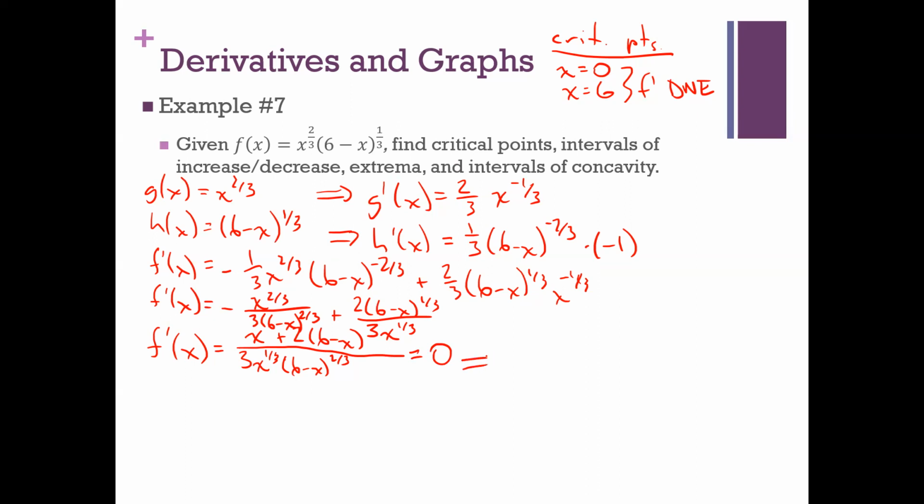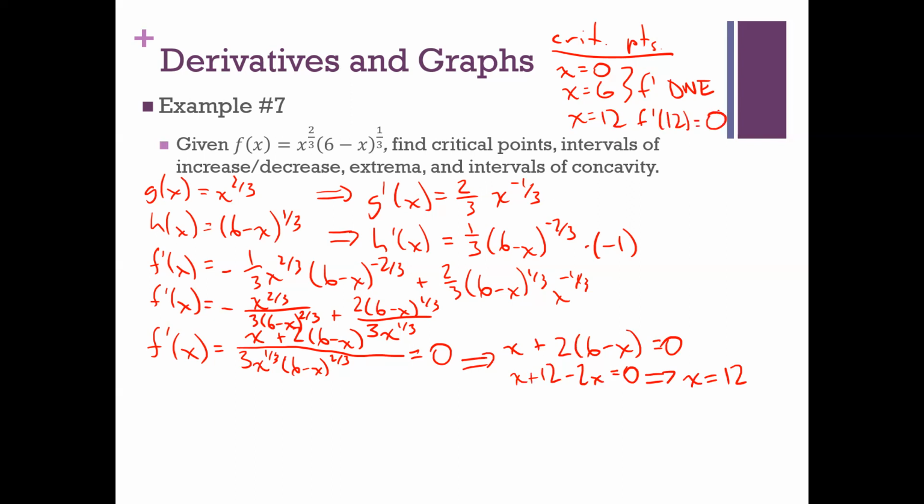So x plus 2 times 6 minus x equals 0. x plus 12 minus 2x equals 0, which tells me that x equals 12. So a long way to go for critical points, right? But we got it.